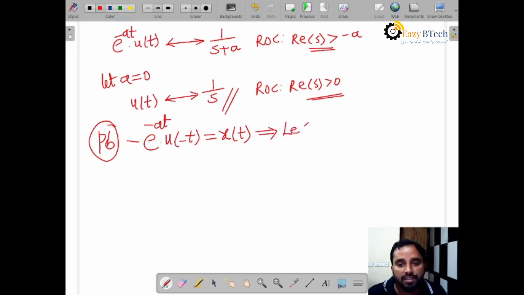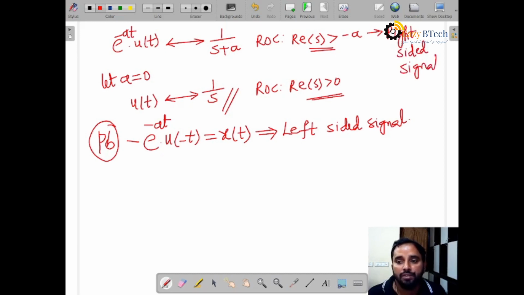It is a left-sided signal. And e power minus at u of t is a right-sided signal, since the signal is multiplied by u of t. So u of t gives a right-sided signal, and u of minus t gives a left-sided signal.